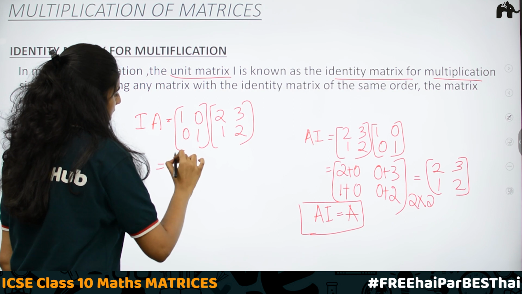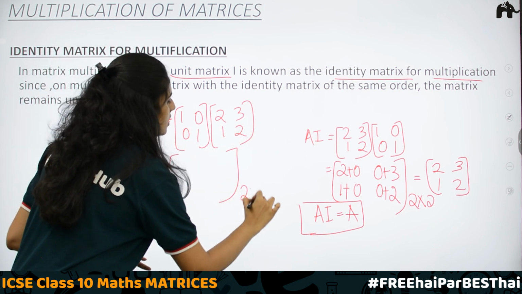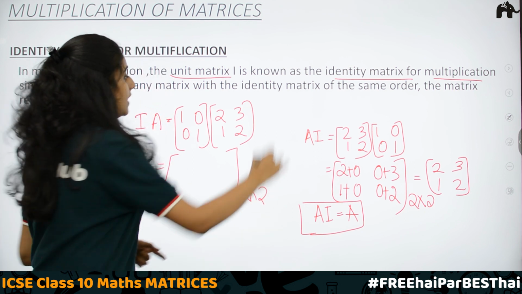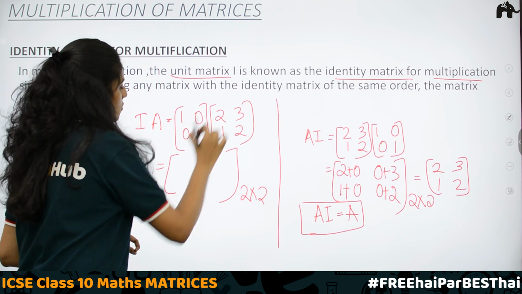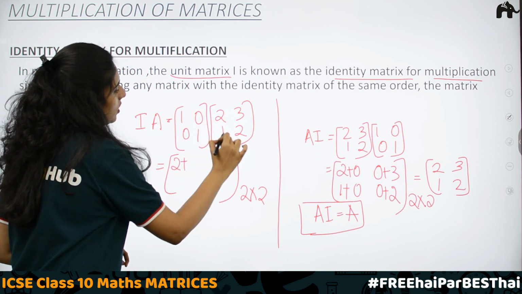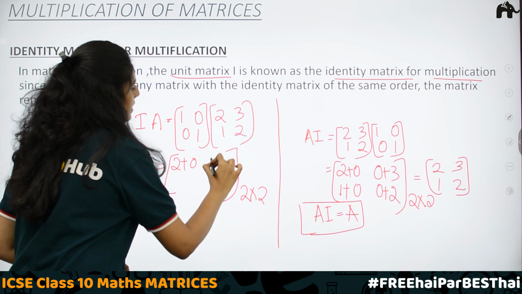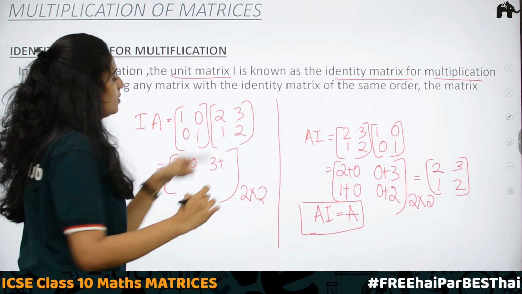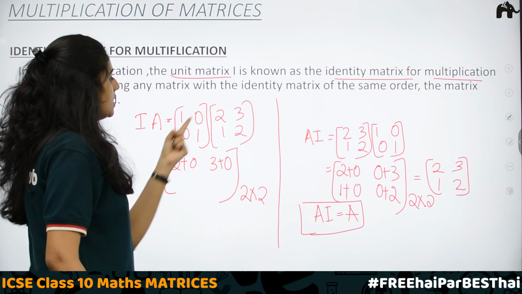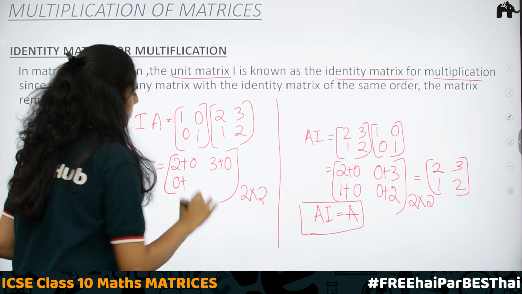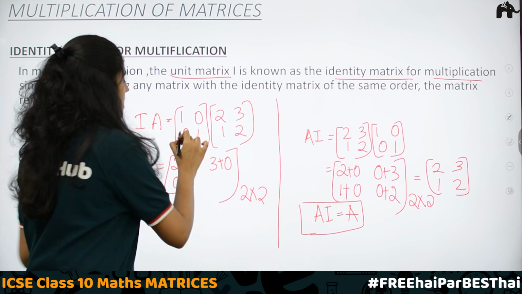We will perform the multiplication. 2 by 2 matrix into 2 by 2 matrix, product is a 2 by 2 matrix. To get the first element, considering first row, first column, 1 into 2, 2 plus 0 into 1, 0. Second element, 1 into 3, 3 plus 0 into 2, 0. Third element, second row, first column, 0 into 2, 0 plus 1 into 1, 1. Next element, 0 into 3.